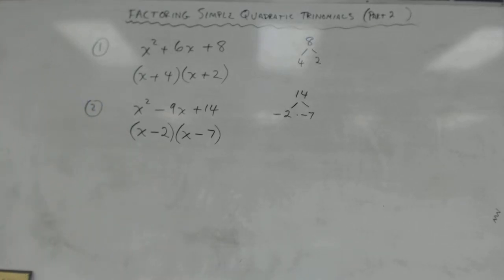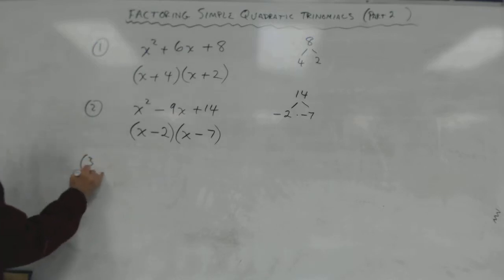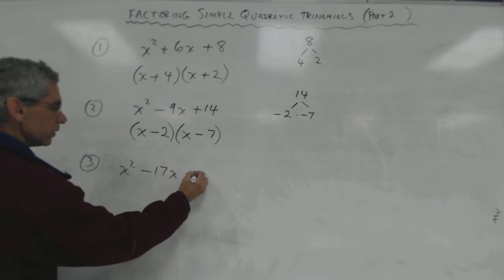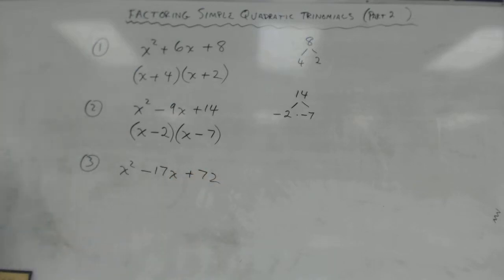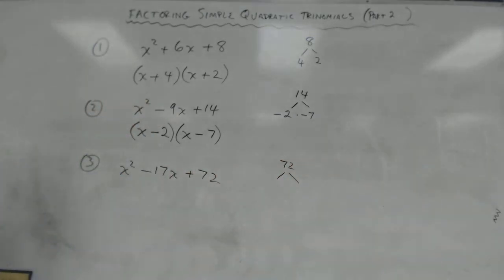All right, let's try another one. X squared minus 17x plus 72. I think it was. All right, Tia, help me with this one. So factors of 72 that add to negative 17.